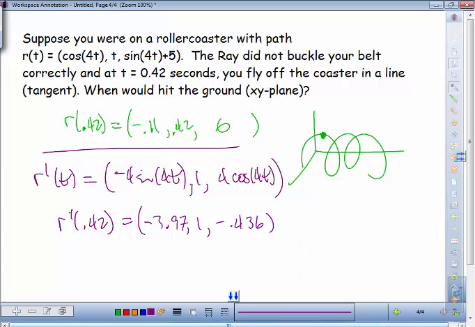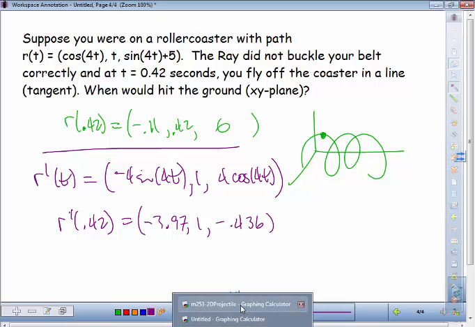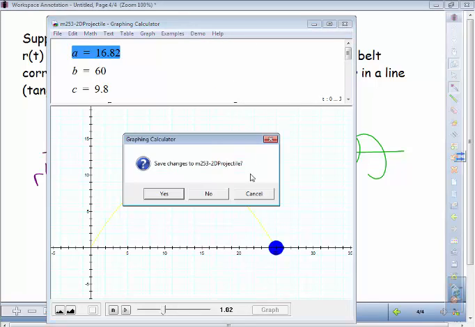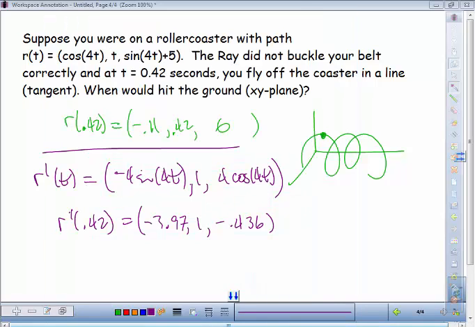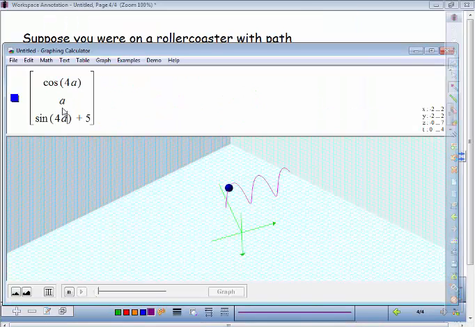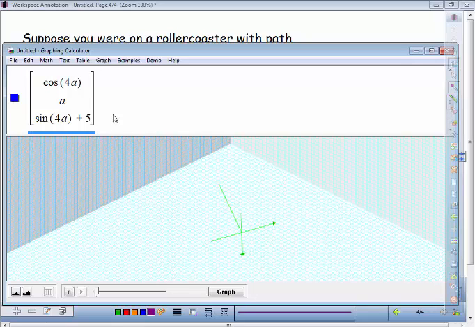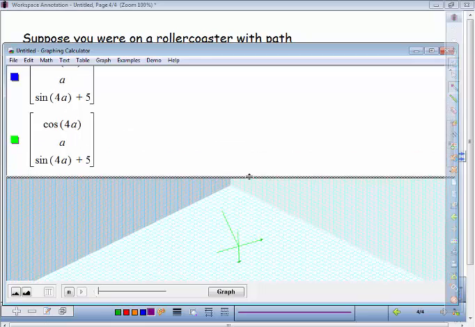Okay, so this is your other vector, and I want a vector from this point. The way to make a vector is you have to give it a starting and ending point here.